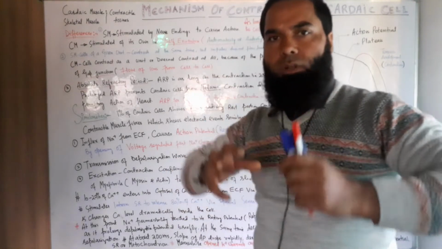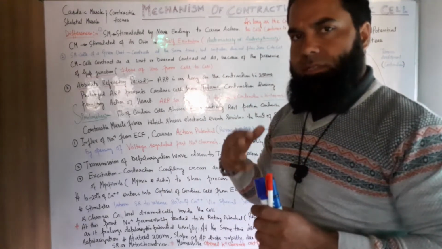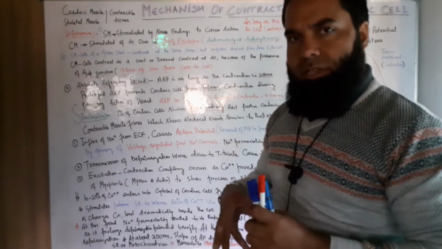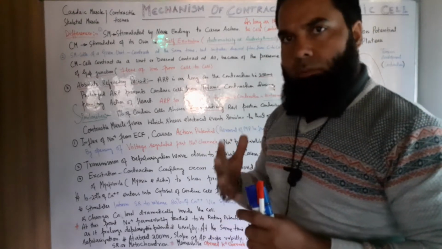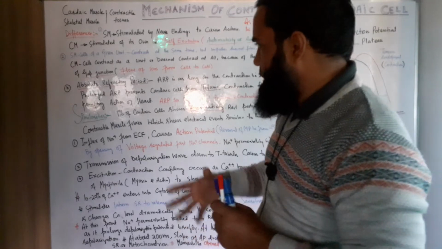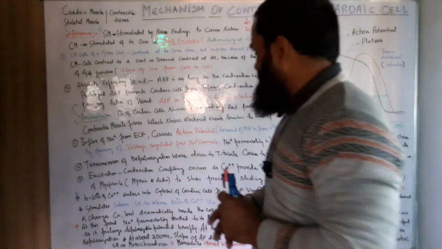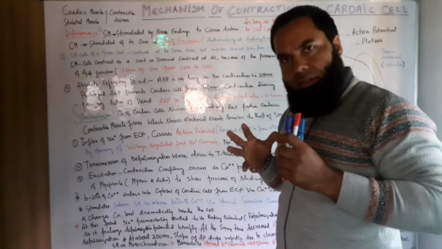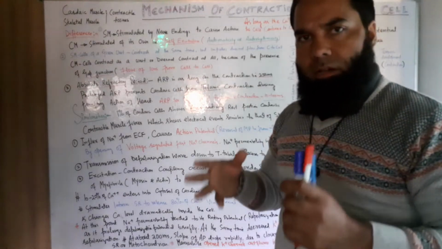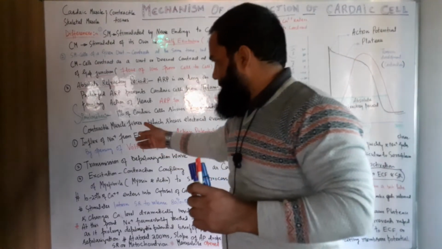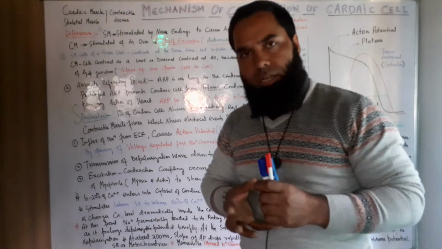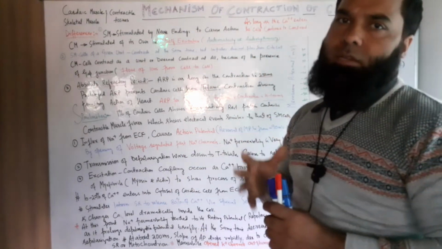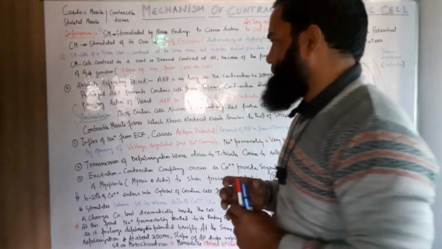They are called the nodal cells, which I will discuss in cardiac physiology, when we talk about the physiological events of the heart. Only 1% of the cardiac cells show automaticity, and the rest of the cells are contractile muscle fibers, which show electrical events similar to those of the skeletal muscle cells.